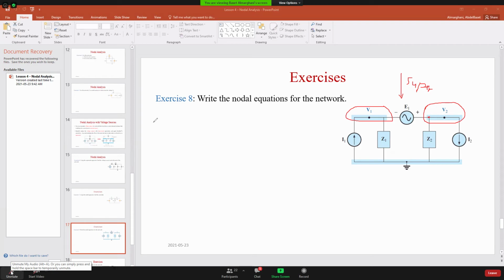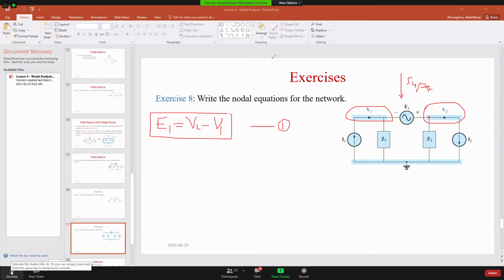So the first equation will be E1, the voltage source, equal to the positive side, which is V2, minus the negative side, which is V1. This is one equation. You got 50% of the question here.